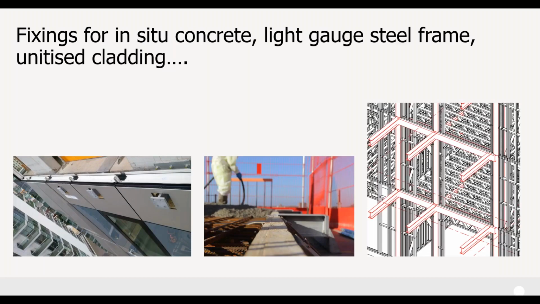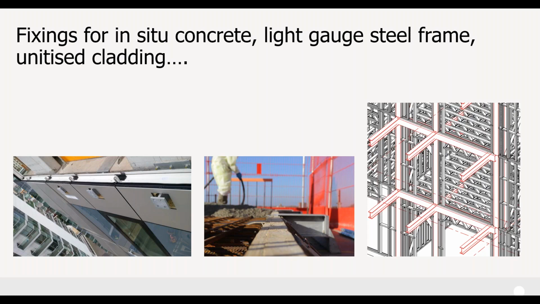So the rise of modern methods of construction has brought the need for a whole range of new fixing methods suitable for those methods of construction that can incorporate the need for water tightness, increased requirements for thermal and fire integrity of these connections. There's not a one size fits all solution. There are so many different methods of construction coming out.